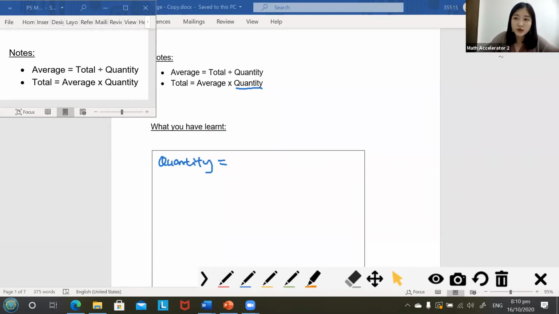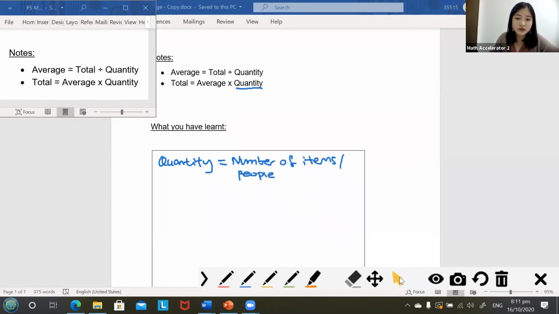Amount. Amount of what? The number of? It can be items, or it can also be people, depending on the question.